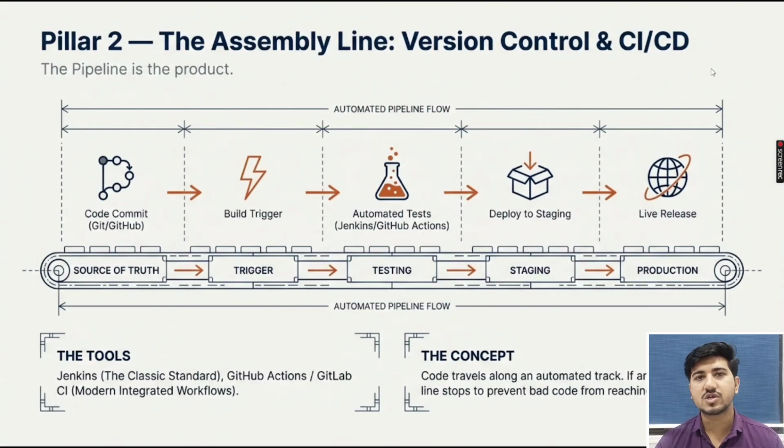Everything is triggered, then testing, then observation, and later on production. If there is any failure or flaw in the code, it will stop that script and send it to production only later, not now. So this is about the second pillar.